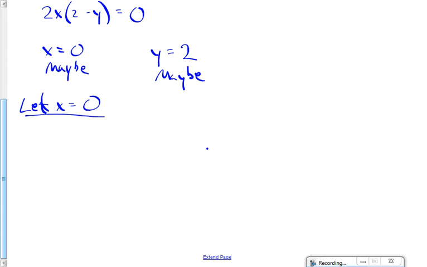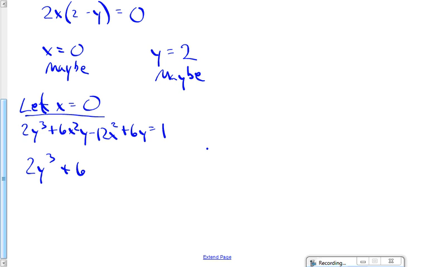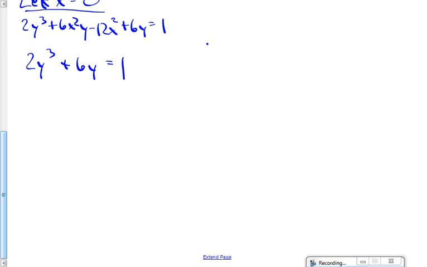If I go back to 2y cubed plus 6x squared y minus 12x squared plus 6y equals 1, and I let the x be 0, I end up with 2y cubed plus 6y equals 1. What happened to everything else? It was 0. Okay? Oh, man. Got some algebra again, guys. If I've got a polynomial, what's the easiest way to solve it?